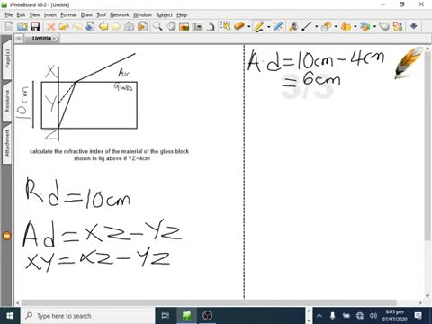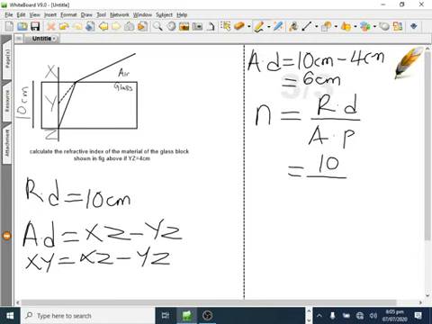We have our real depth to be 10 centimeter, and our apparent depth to be 6 centimeter. So from here, let's find our refractive index. Our refractive index will be equal to real depth over apparent depth, which is equal to 10 over 6. I put centimeter anyway to cancel that.